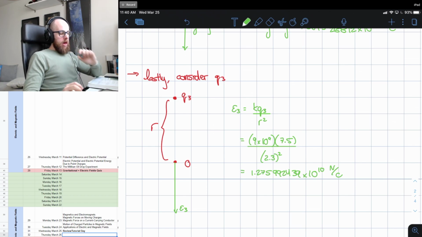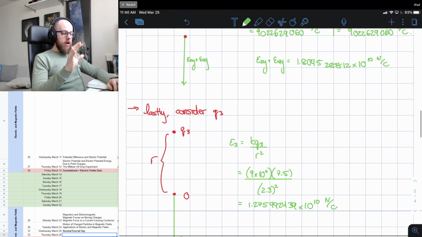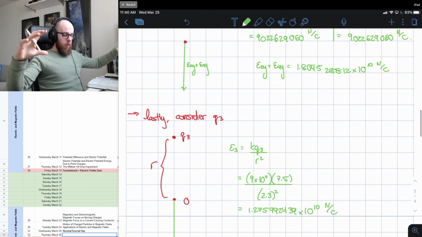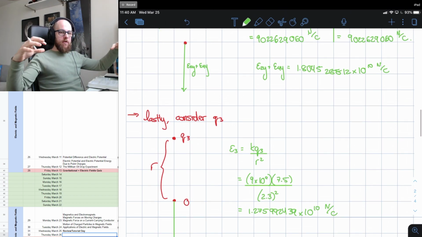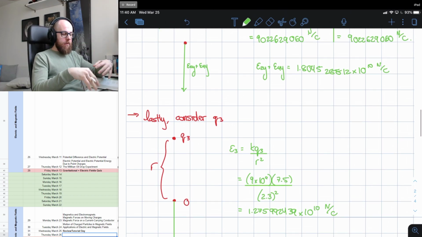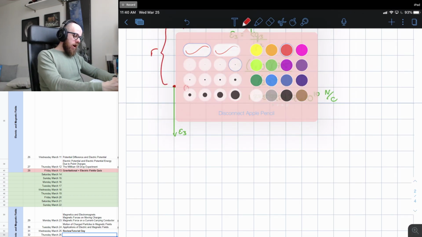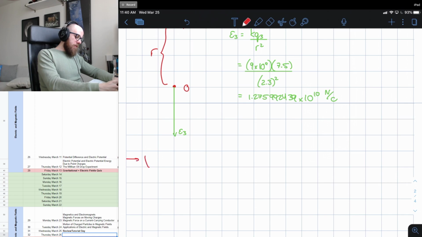Okay. So now I'm very, very nearly done. What I have to do for my very last step is just bring everything together. So I've calculated everything I need to calculate. I just have to merge everything. Okay, so final step. We need to calculate the total electric field.